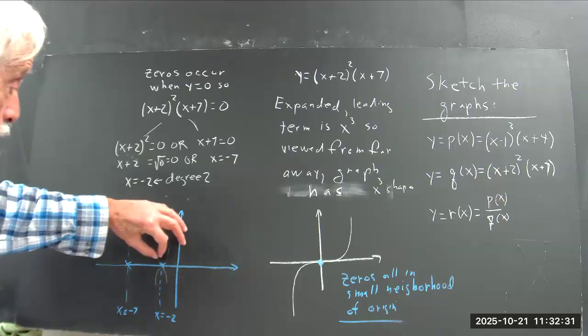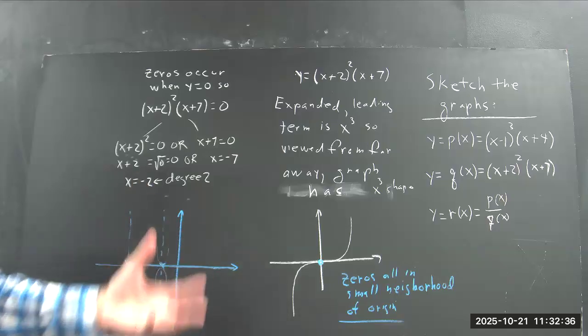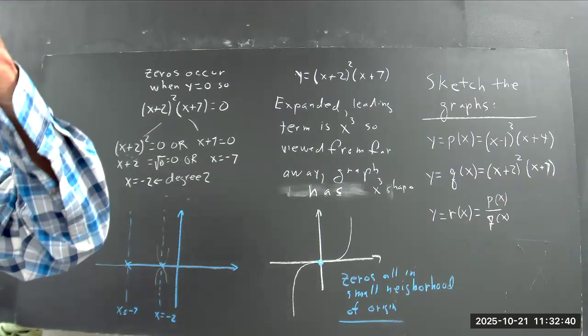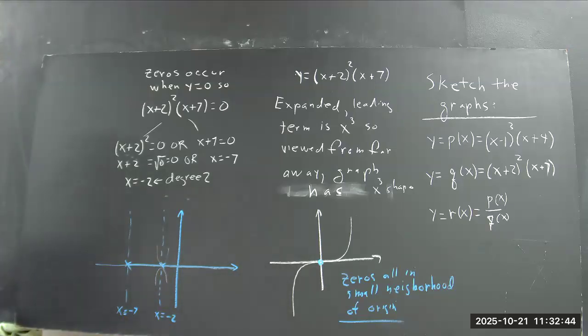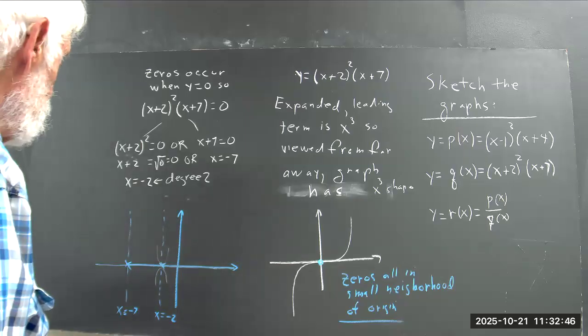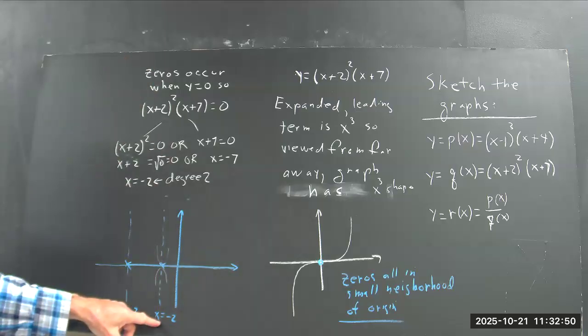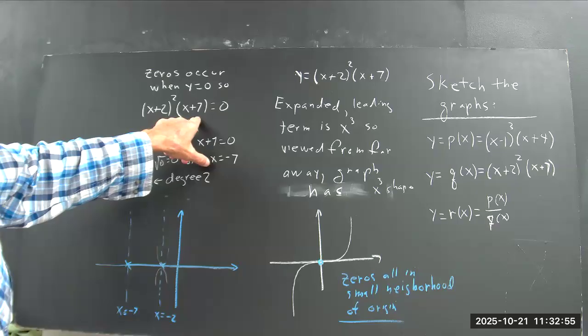Okay? Now, as you move away from this point, that apparent parabola is going to get lopsided, and pretty soon it's not even going to be anything like a parabola. But close to this point, it's going to be very much like a parabola. Okay? That's because of degree 2. It's because near x equals -2, x plus 7 is equal to 5, right?